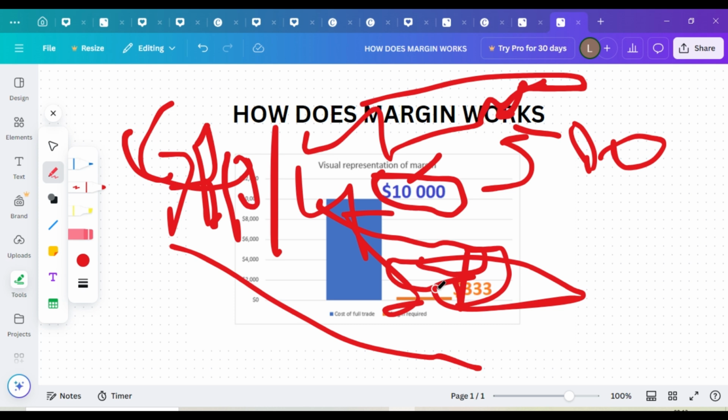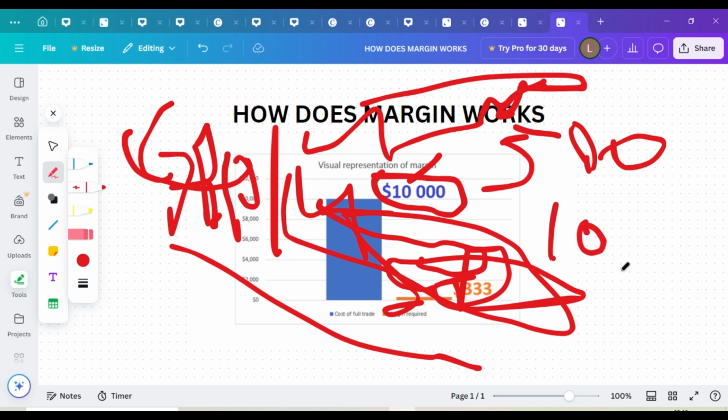So the amount you are going to use to sell US dollar at that point is $10, right? So your margin is $10. The amount that you are going to use to buy or sell at that point is what is called your margin.